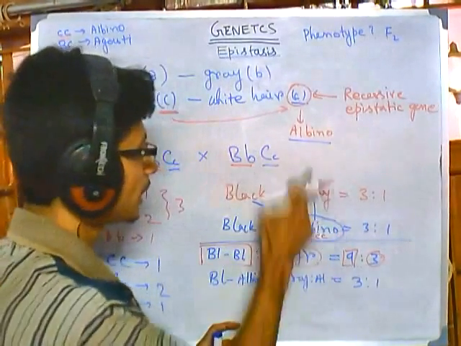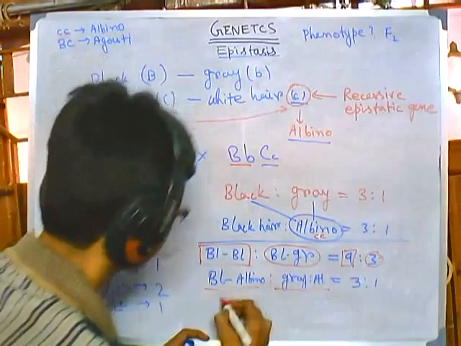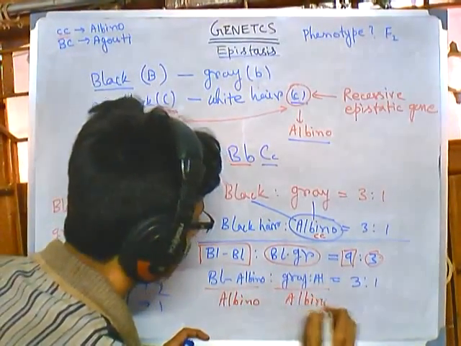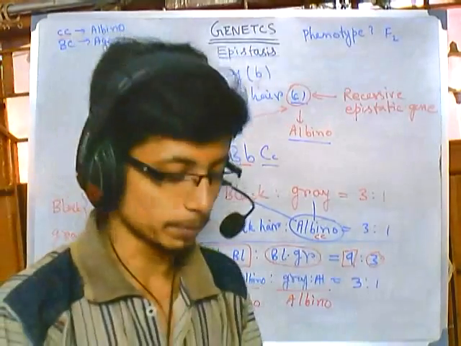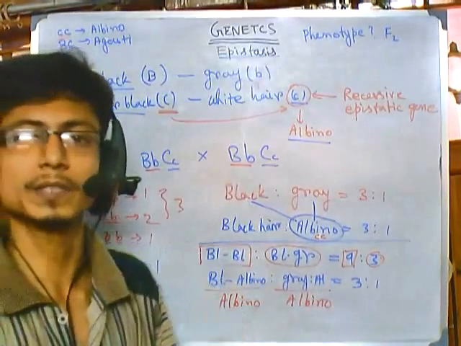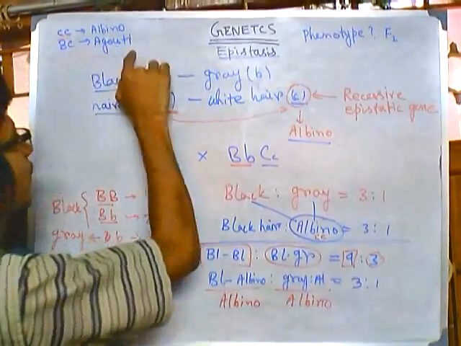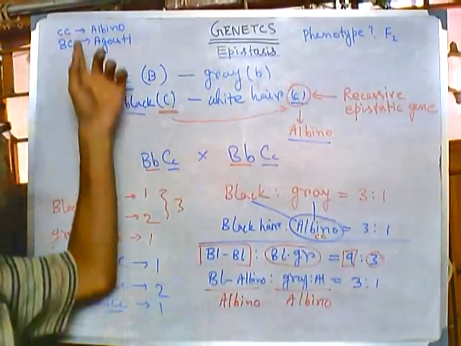That means in all the cases, all of the offspring are going to be only albino. Here this is the only trick in this problem, because the rest of the things are similar to the previous problems. That's why I've written it earlier, this is the main important part.